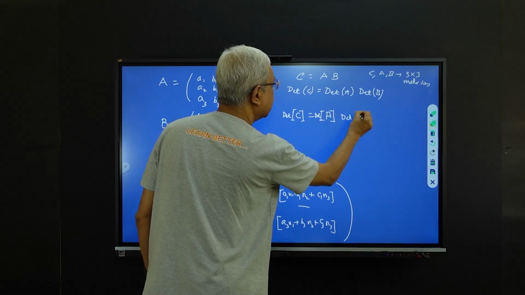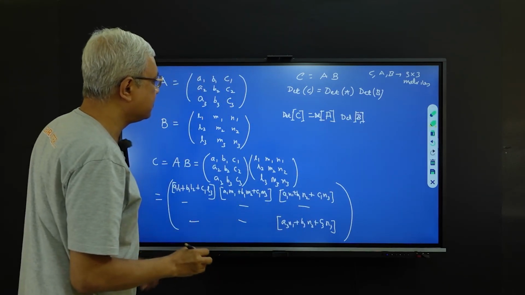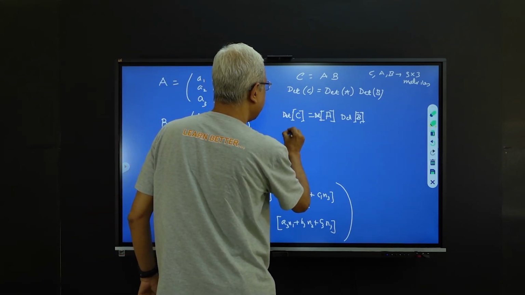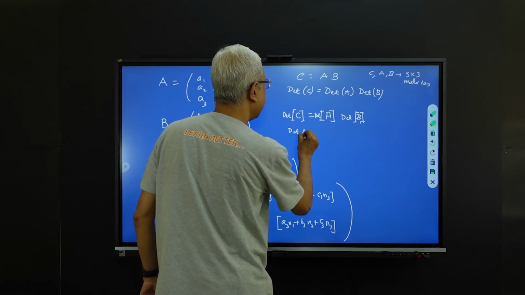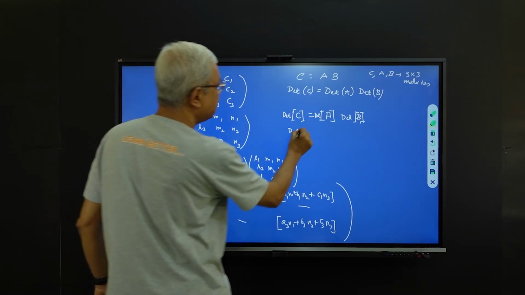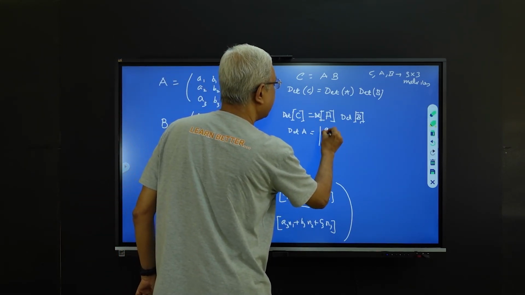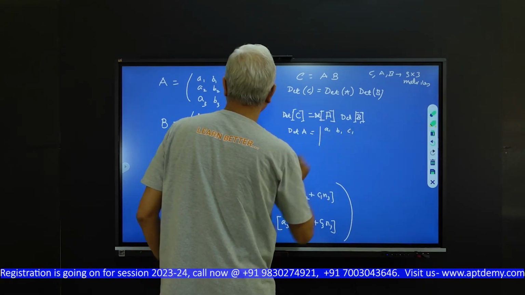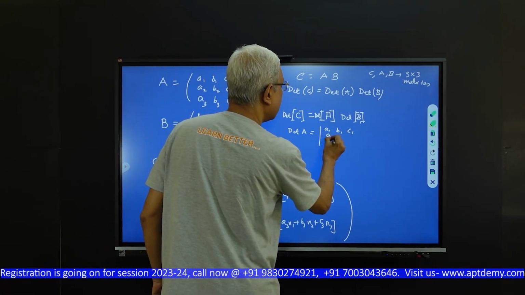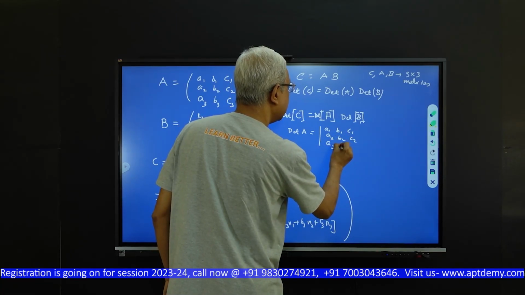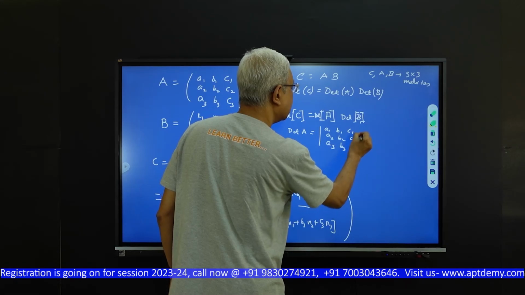Whatever I have written, that means if I make the two determinants, these are matrices. The determinant of A is actually A1, B1, C1, A2, B2, C2, A3, B3, C3.